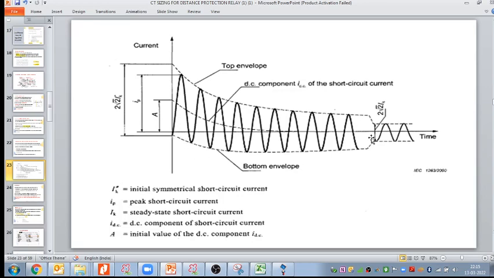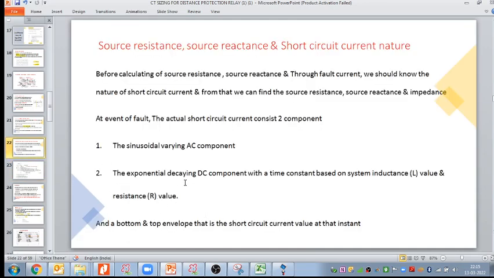So at the instant of fault, there are two components, AC and DC, right? The DC component has a time constant depending on the system inductance and the system resistance.